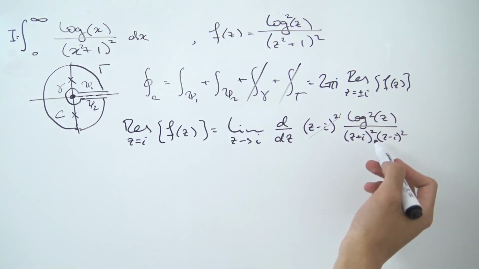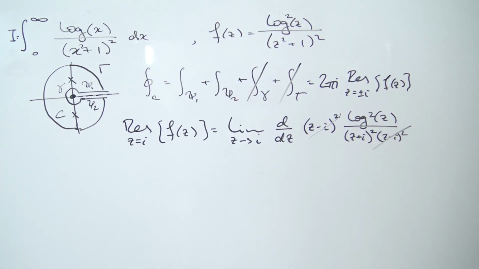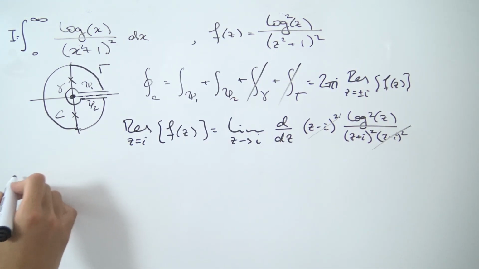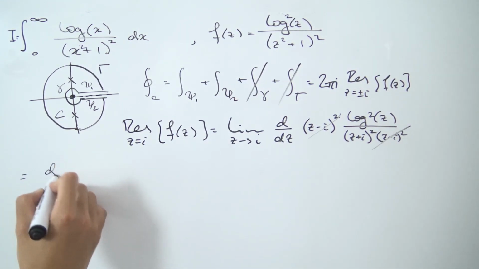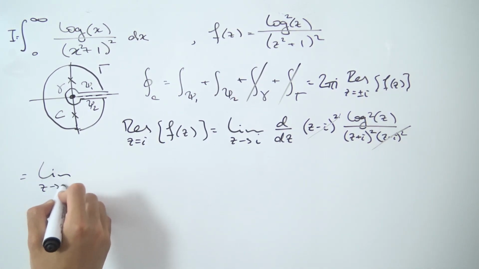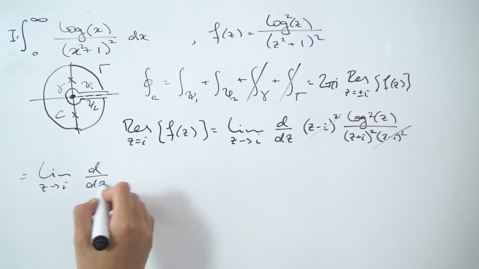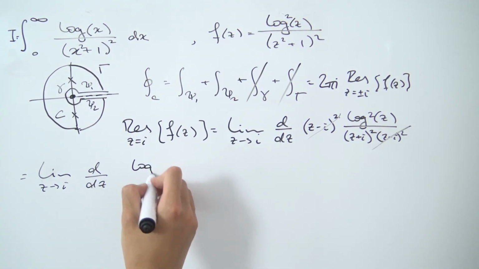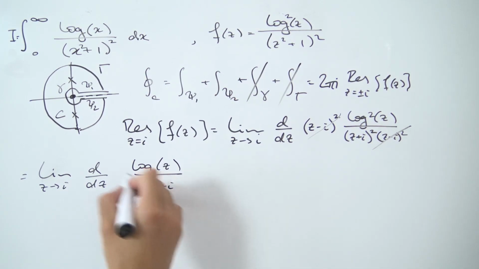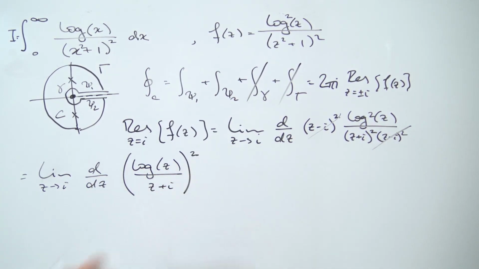Now (z minus i) squared and (z minus i) squared, those are going to cancel. Let's rewrite this a little bit over here. We have the limit as z approaches i of the derivative of the logarithm of z divided by z plus i, the whole thing squared.